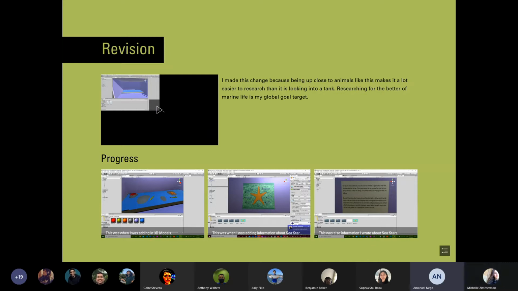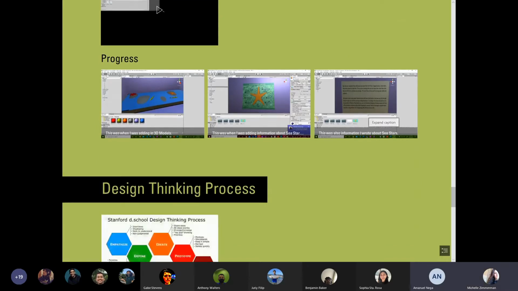And my target is 14.A, which is researching marine life to make it easier to understand them and everything. And so the first pictures was when I was adding in the 3D models. This was when I was adding information, and then this was something that I wrote about it.